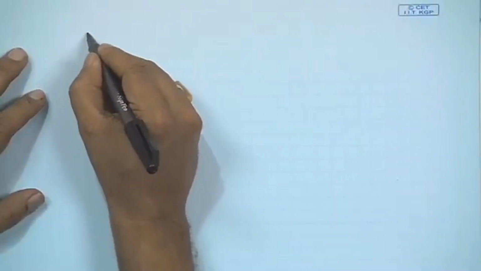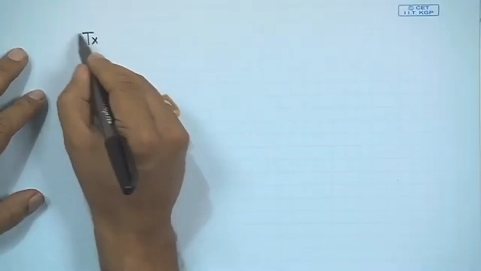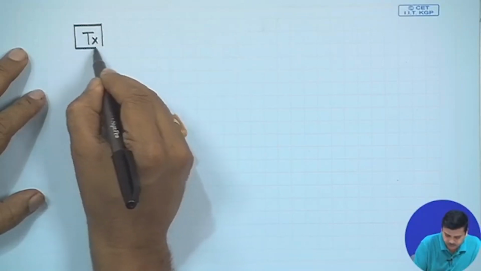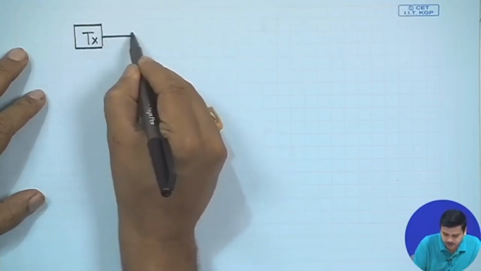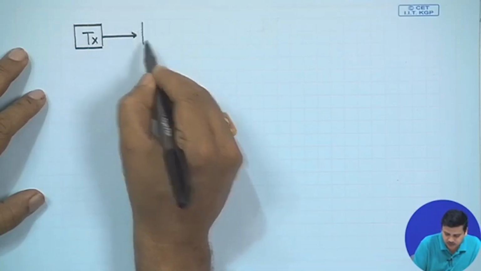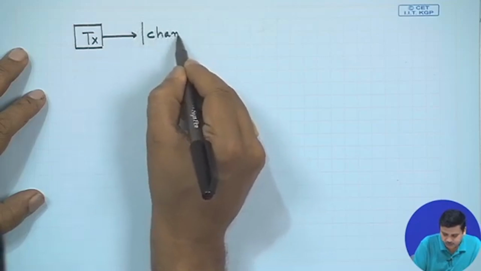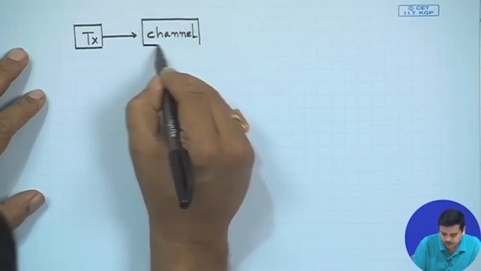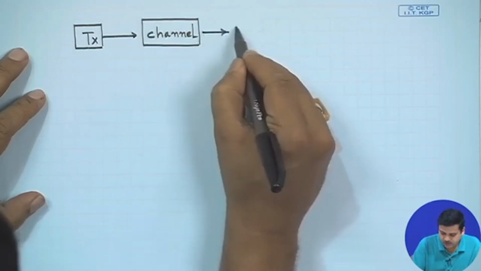So when we start studying the signal being received, there are different kinds of channel that one usually encounters. Let us do it like this. We say that there is the transmitter, from the transmitter the signal goes into the channel, this kind of a figure we had drawn before, and from the channel it goes to the receiver.